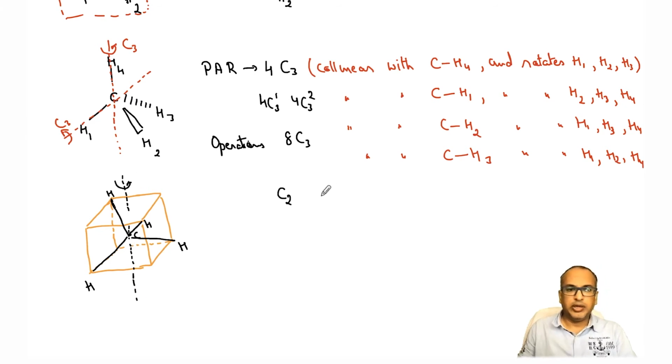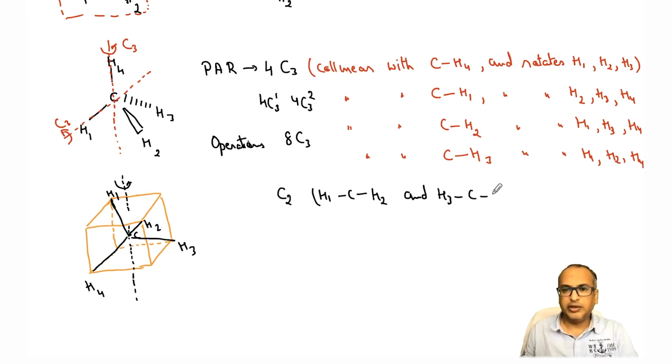So now this is actually bisecting which angle? If I label this as 1, 2, 3 and 4, this C2 is bisecting the H1 C H2 angle, and simultaneously it will also be bisecting the H3 C H4 angle. Okay, so this is one C2 axis.